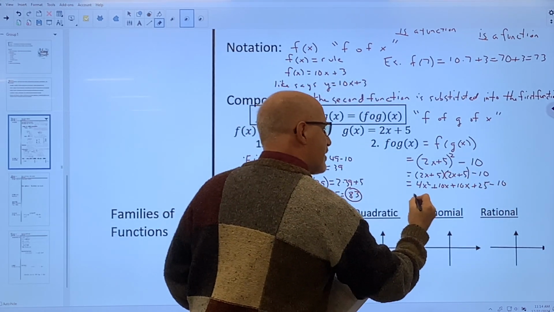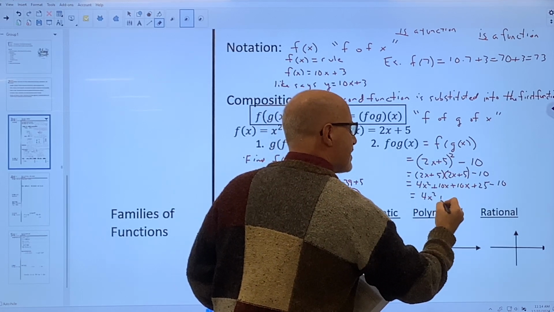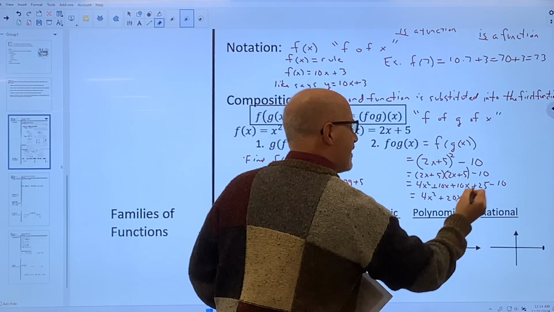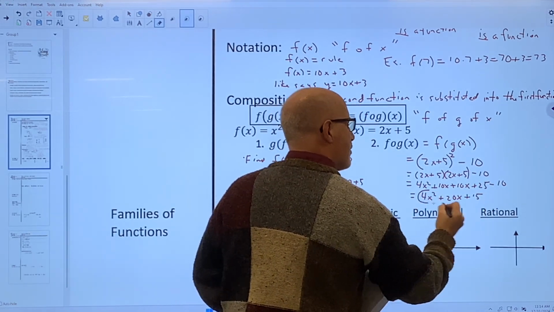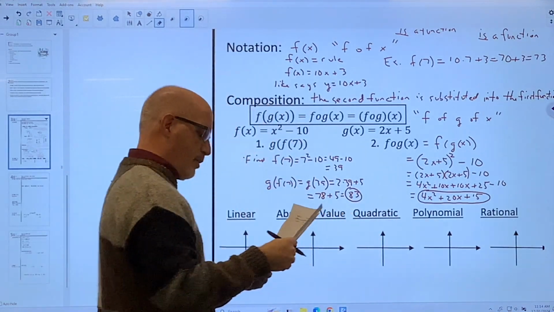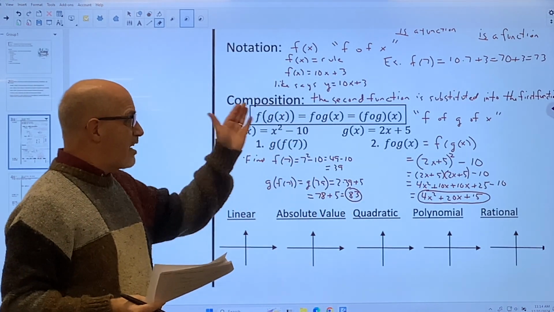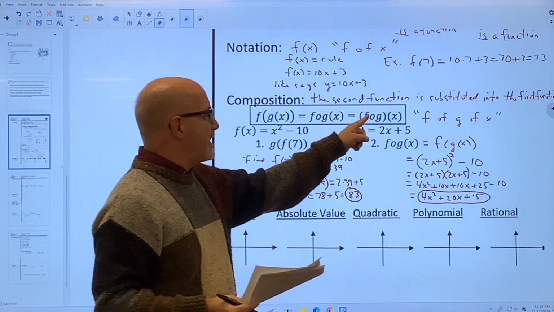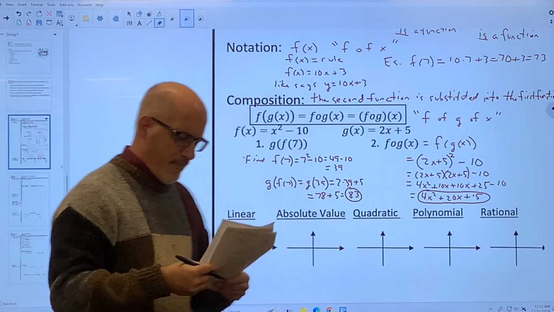Now we combine like terms, and we get 4x squared plus 20x, and then 25 minus 10 is plus 15 for my answer. So that's what you get when you put those together. So that's composition of functions. Take the second function listed and put it into the first one listed.